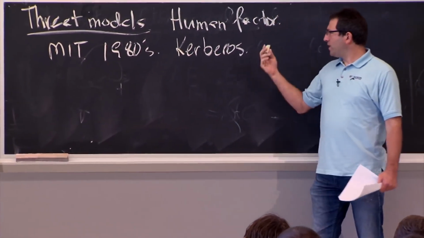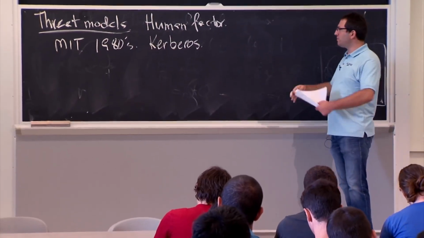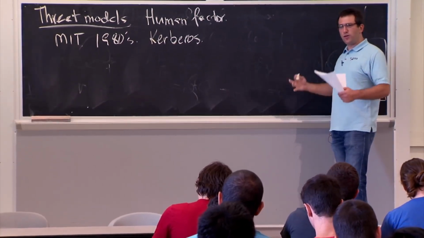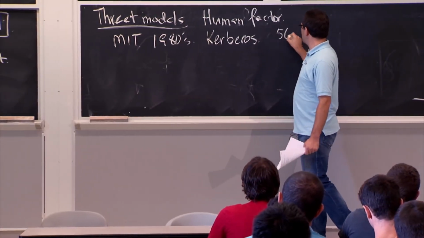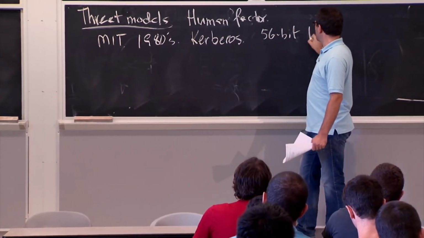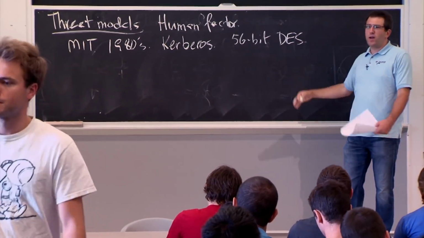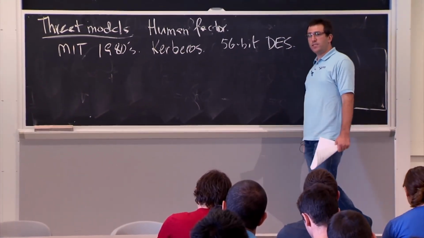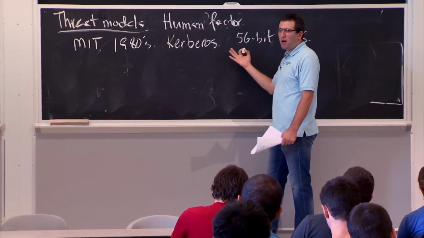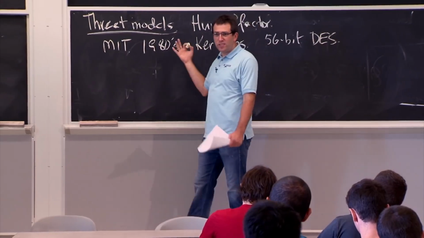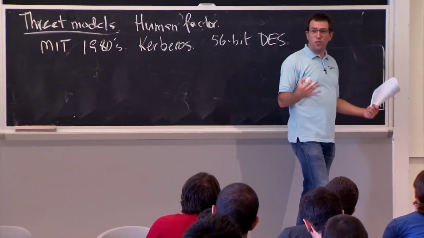At the time, they were figuring out that Kerberos is going to be based on cryptography, so we need to pick some size keys to make sure they're not going to be guessed by arbitrary people. And they said, OK, well, 56-bit keys for this cipher called DES seemed like a plausible size, maybe not great, but certainly not entirely unreasonable. And this was in the mid-80s. But then the system got popular, got used a lot. MIT still uses it. And they never really went back to seriously revisit this assumption.